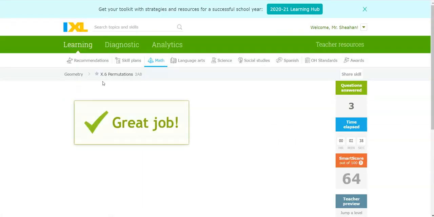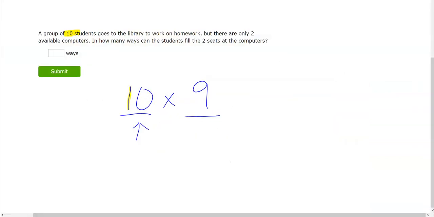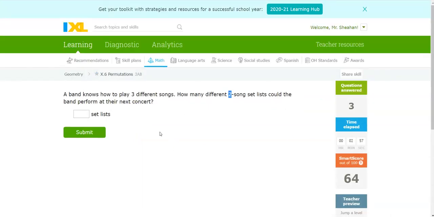That's all you have to do. Find the number of items you want to arrange, how many spots you want to fill. Just make those spots, start with your number of items, and count down. This one becomes 3 times 2.